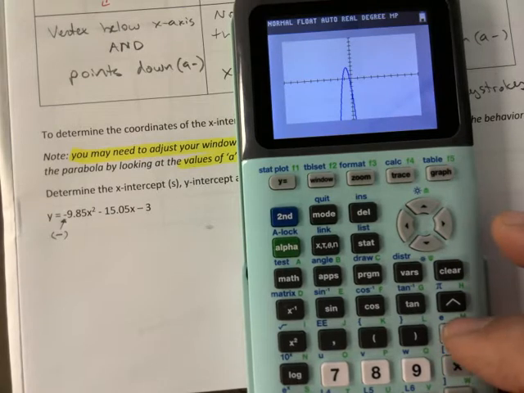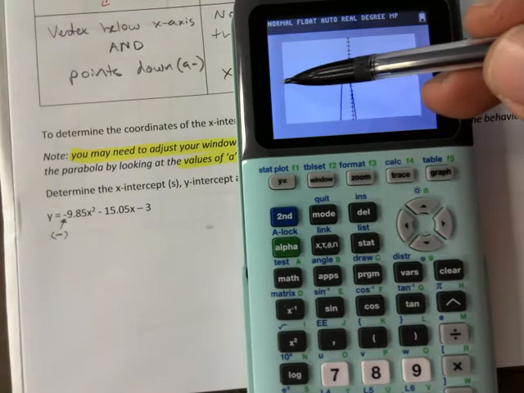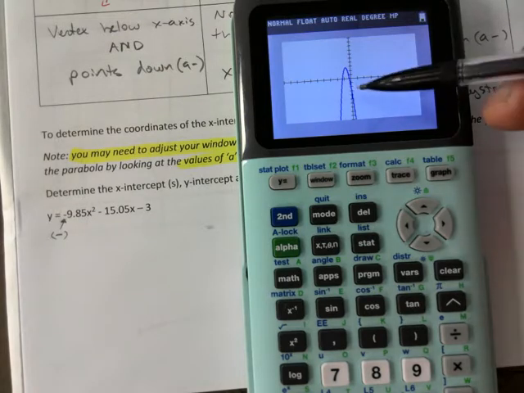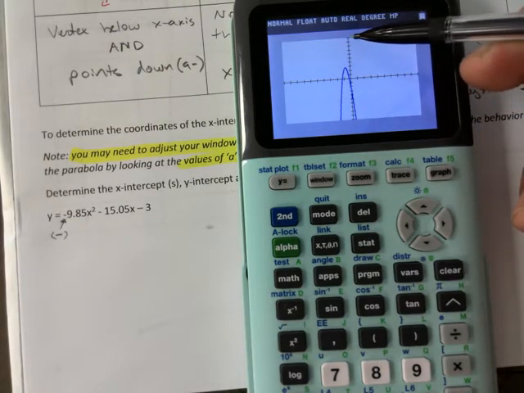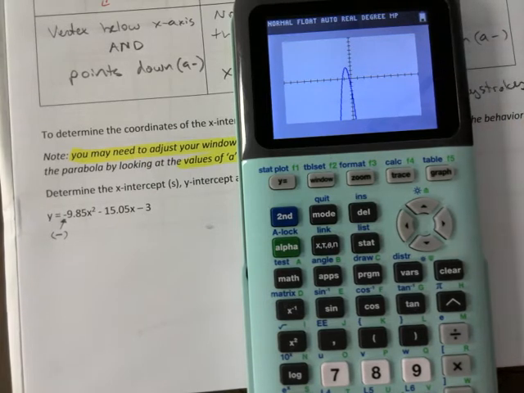It will automatically adjust your window to -10 all the way to +10 in terms of your x-axis, and -10 to +10 in terms of your y-axis. That's what zoom standard does. It brings you back to just a regular standard window, okay?